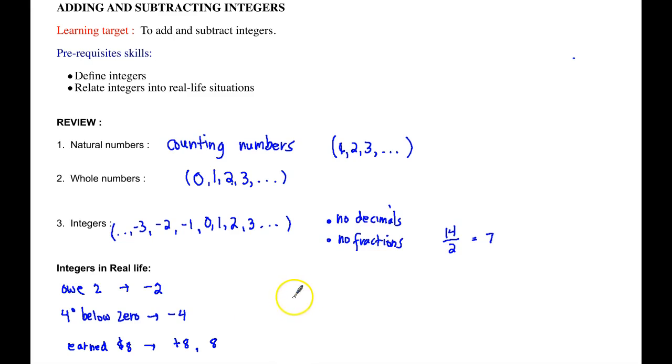Okay, another example in real life. Say, for example, you spent $8. So you can represent that as -8. Say, for example, you are in a building and you went down 2 levels below ground level.